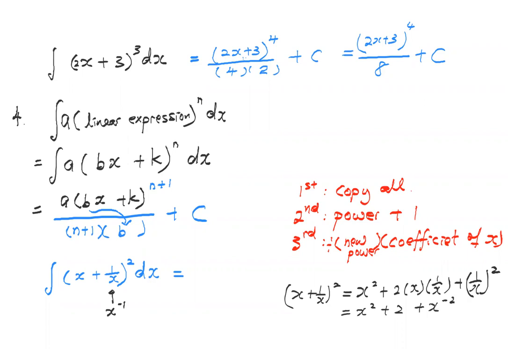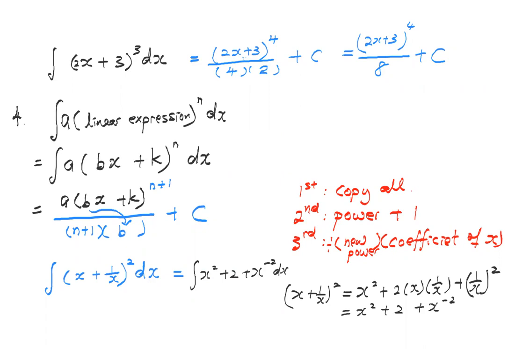So I put it at the side and expand so that I don't have to keep writing it. So now this will be the integral of x squared plus 2 plus x to the power of negative 2 dx.